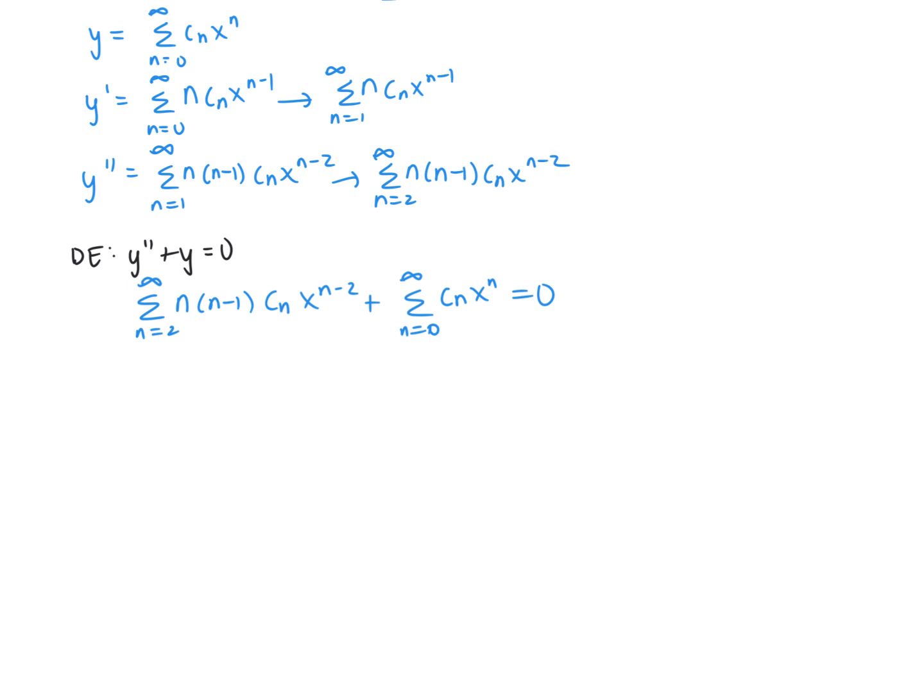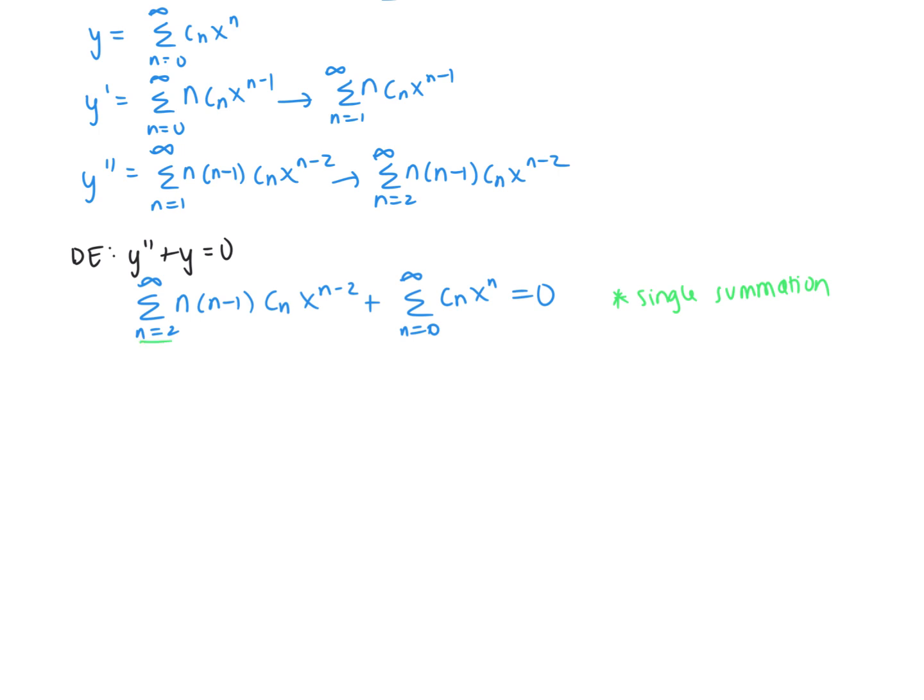At this point, you might want to pause the video. I would suggest that you pause the video and see, can you get this as a single summation? We've done 2 examples so far where we've done that. So just take 5 minutes and see, can you get this as one summation? And then when you're ready, come back.